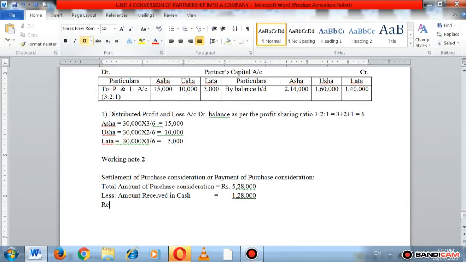So here remaining balance in the form of equity shares of rupees 100 per share of Komal Company Limited.